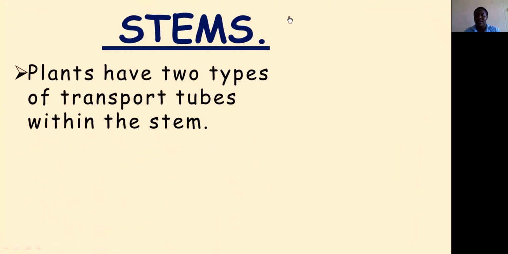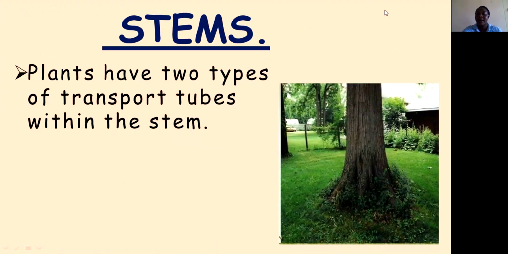And then inside the stem there are two tubes. Inside the stem there are two tubes, this is a stem here. I'm reminding you what we learned yesterday before we start with today's lesson. This is the stem that you see here, and inside this stem there are two tubes.